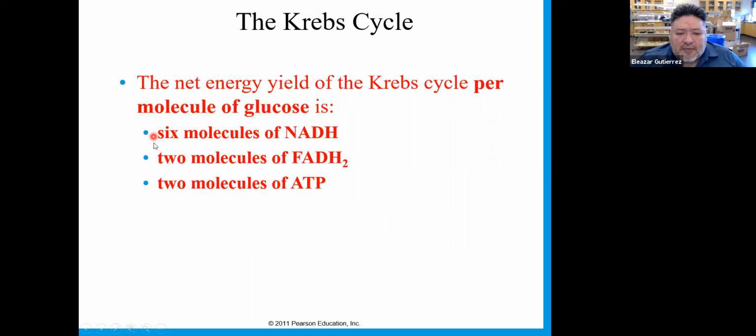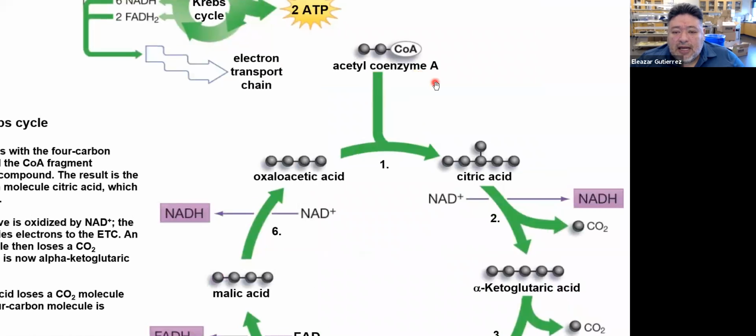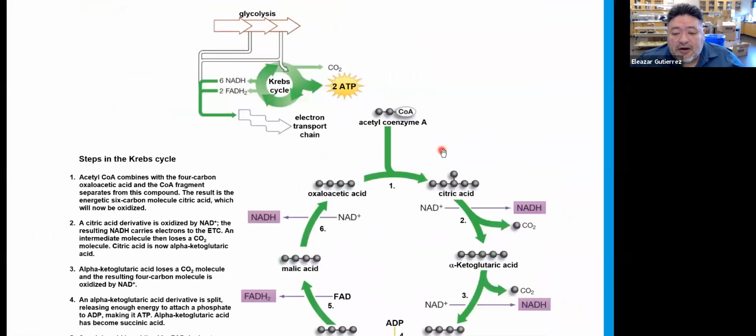So per glucose, we make 6 molecules of NADH, 2 molecules of FADH, and 2 molecules of ATP. So here's the entry point. Hopefully it's not a surprise to you that what's entering is acetyl. Hey, I didn't mess it up that time. Acetyl-CoA. Acetyl-CoA. Now, what do we need to know about this?